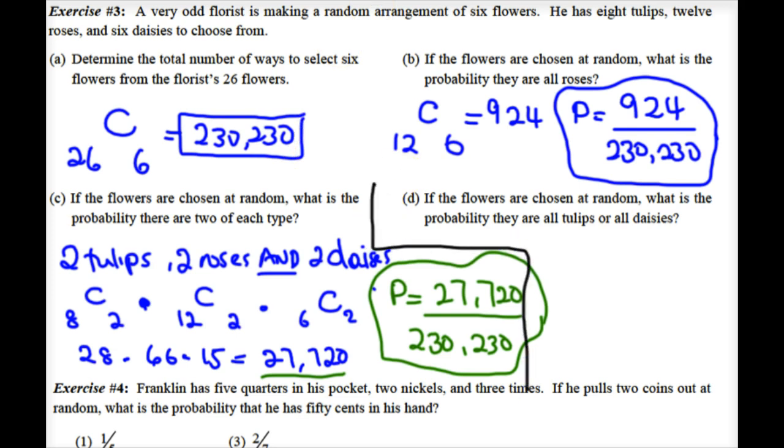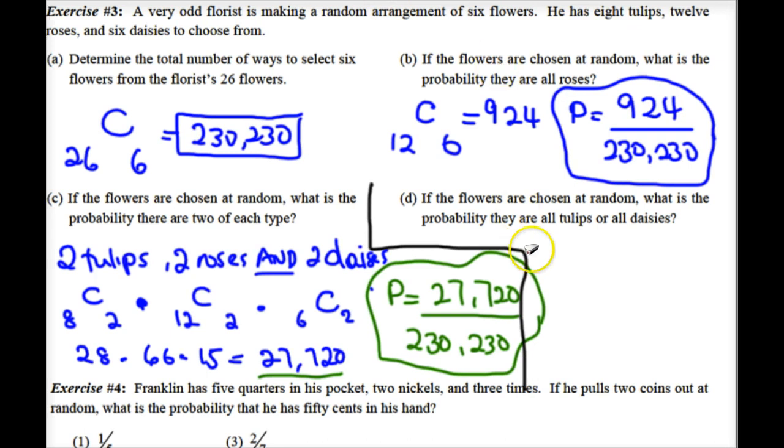Let's just mark that off there so we get some space. Now, looking at part D, it says, if a flower is chosen at random, what is the probability that they're all going to be tulips or all daisies? So there are 8 tulips, so we need 8 choose 6 plus, because I'm dealing with or, and there's 6 daisies, 6 choose 6.